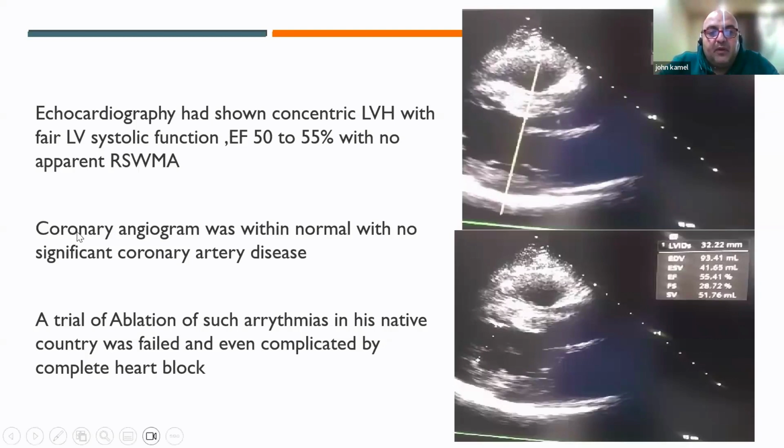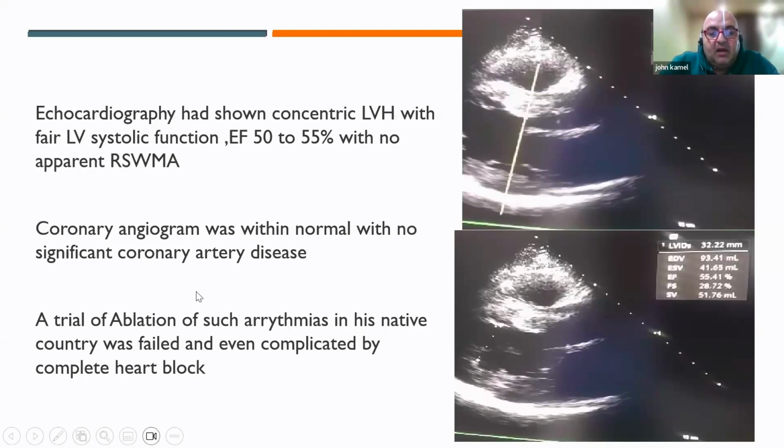And of course, coronary angiography was done and was within normal with no significant coronary disease. So our case is a non-ischemic, non-dilated or mildly dilated cardiomyopathy with fair ejection fraction and multiple VTs.